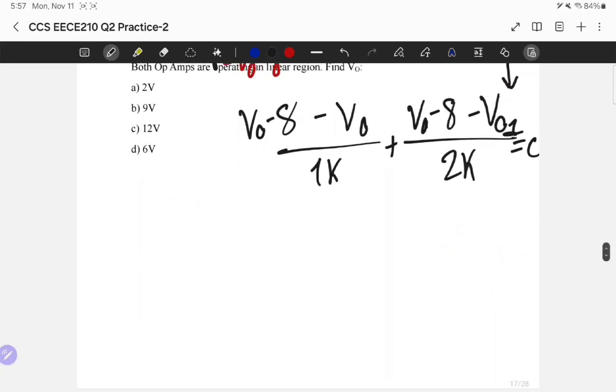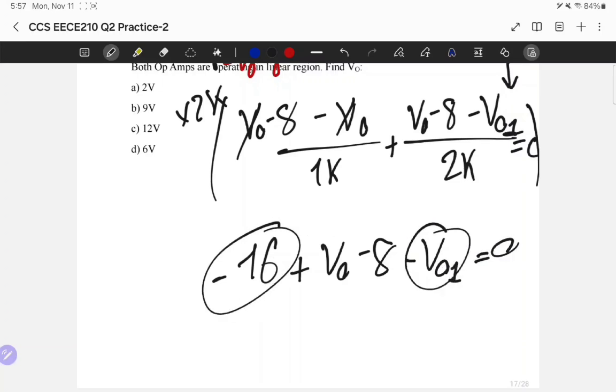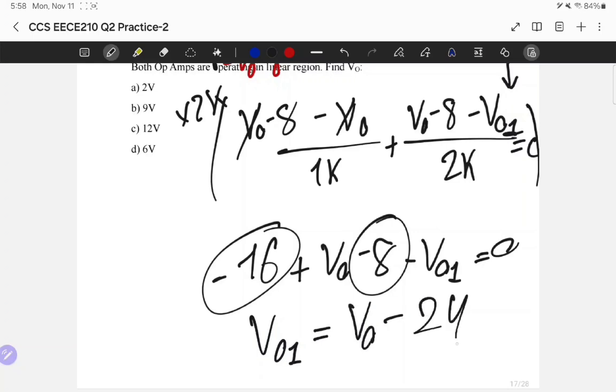How do I do this? I do some simplification. I multiply everything by 2k, this and this cancel, so I multiply all of this times 2k, I get 16 minus 16 plus VO minus 8 minus VO1 equal to 0, so this and this, this and this, minus 24, get it to the other side, this flips sign, so VO1 is VO minus 24.